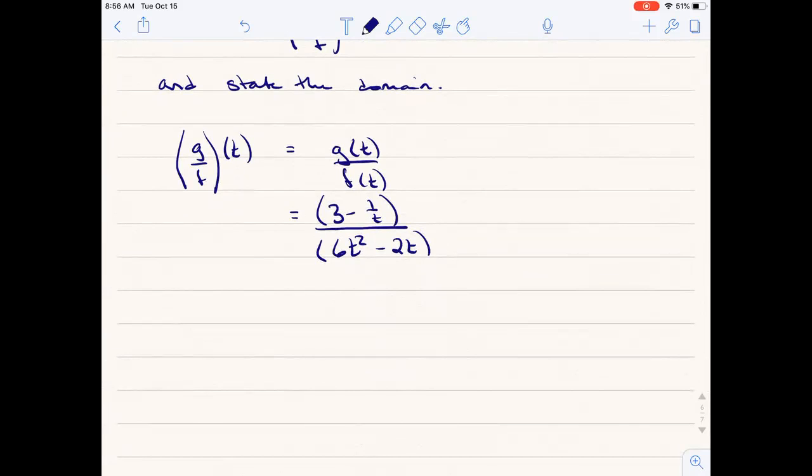What we're going to have to do to simplify this is put this as one fraction, and technically this is a fraction, 6t squared minus 2t all over 1. And then I've got a fraction over a fraction, which I can flip and kiss. And so, let's do it.